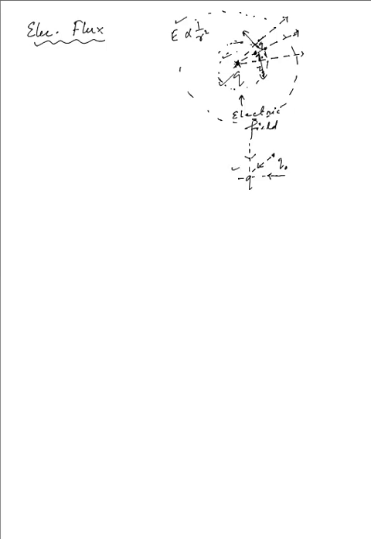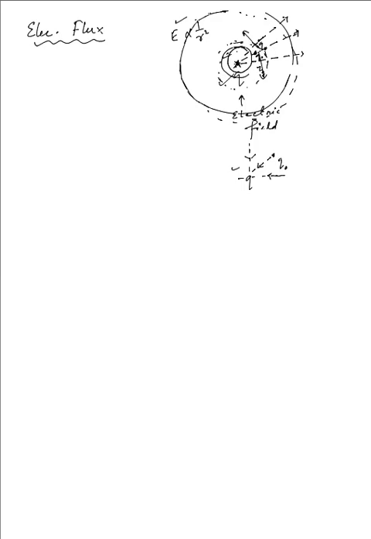The concentration was greater over the area closer to the charge, and as I take the areas away from the charge, the concentration goes on decreasing because the lines tend to diverge. So as a result, the electric field intensity goes on decreasing.